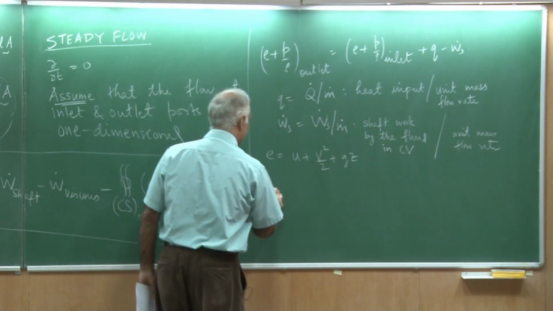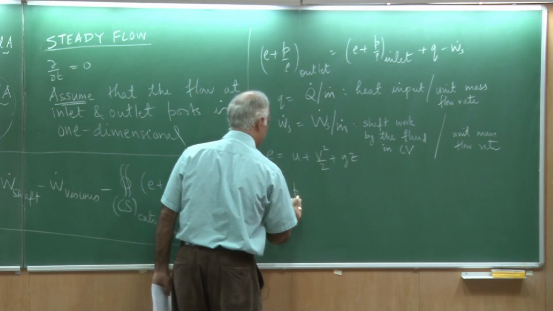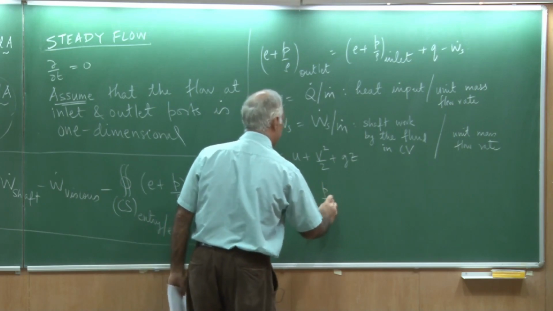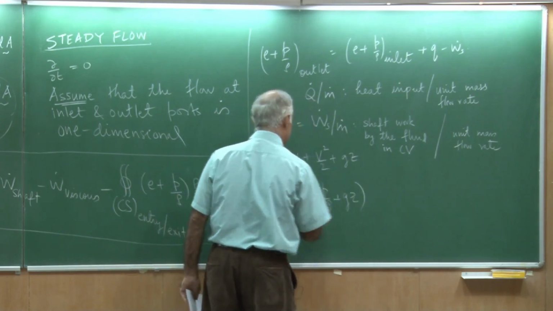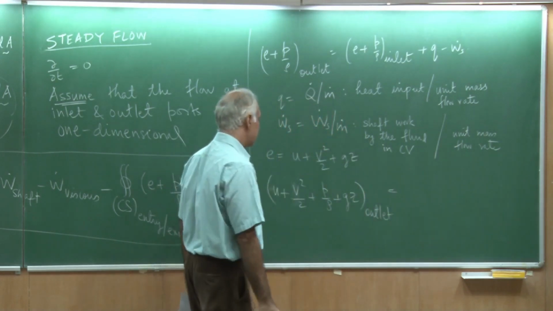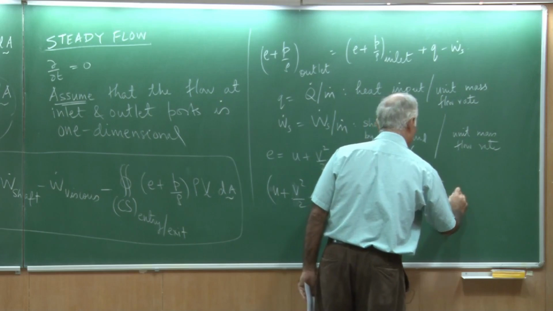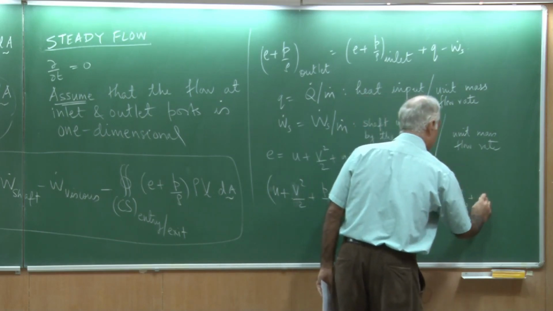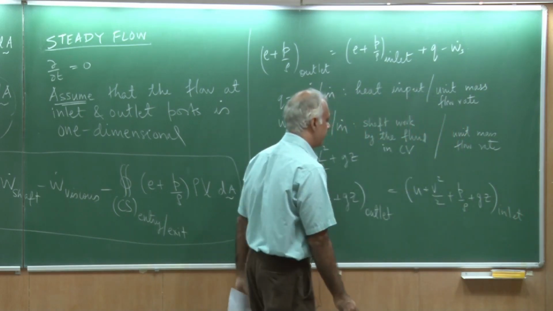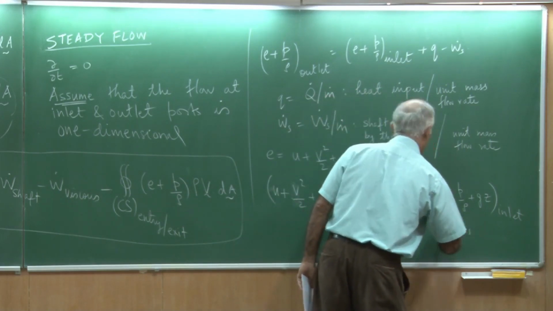So this equation therefore can be simplified as U plus V square by 2 plus P by rho plus gz at the outlet is actually equal to U plus V square by 2 plus P by rho plus gz at the inlet plus Q minus W_S.